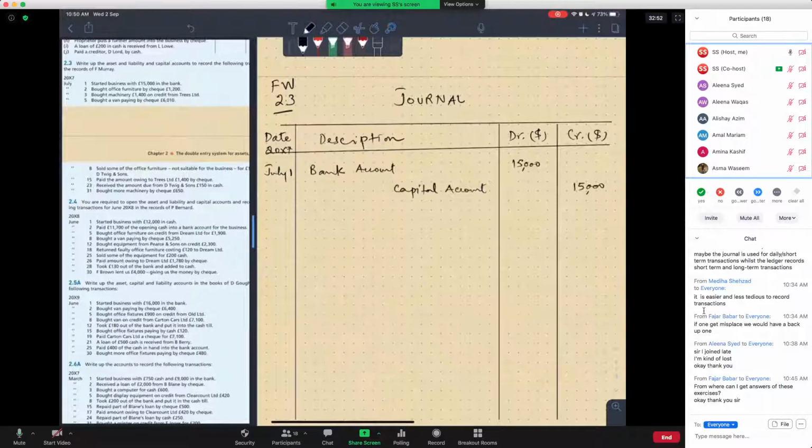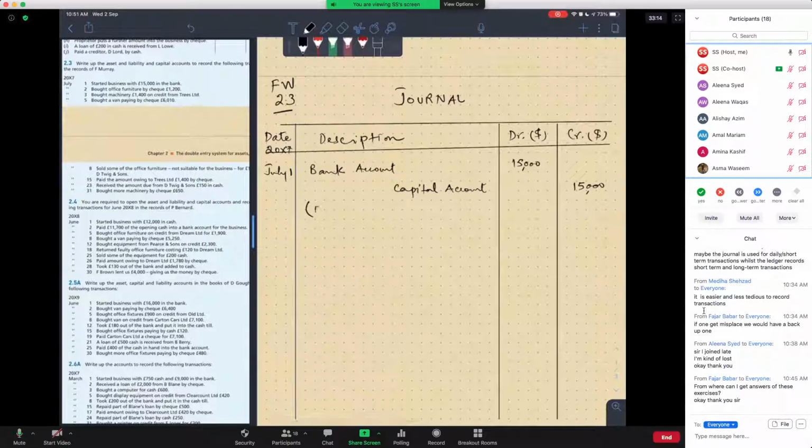After that, you are required to put a narrative, right? A narrative is a simple description of the transaction that you have just recorded. You just describe it in words. There is no specific way of writing it, and you can always use your own expression here.